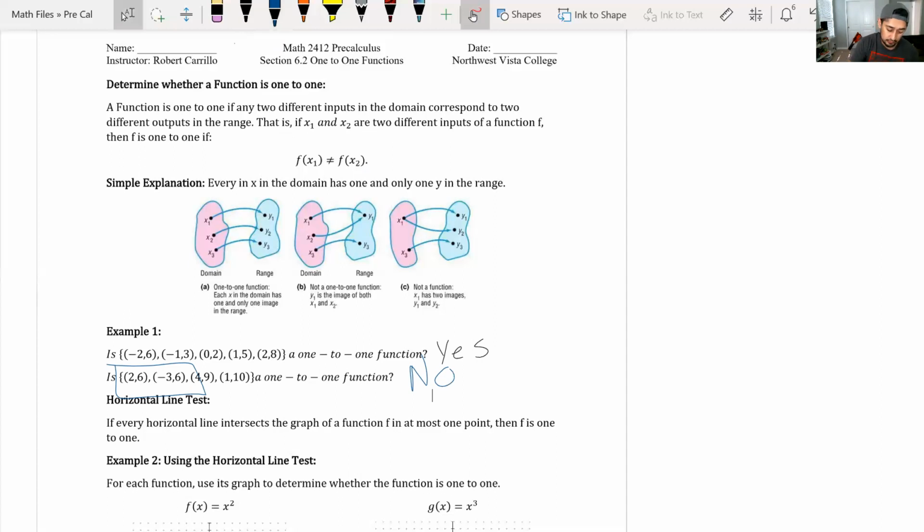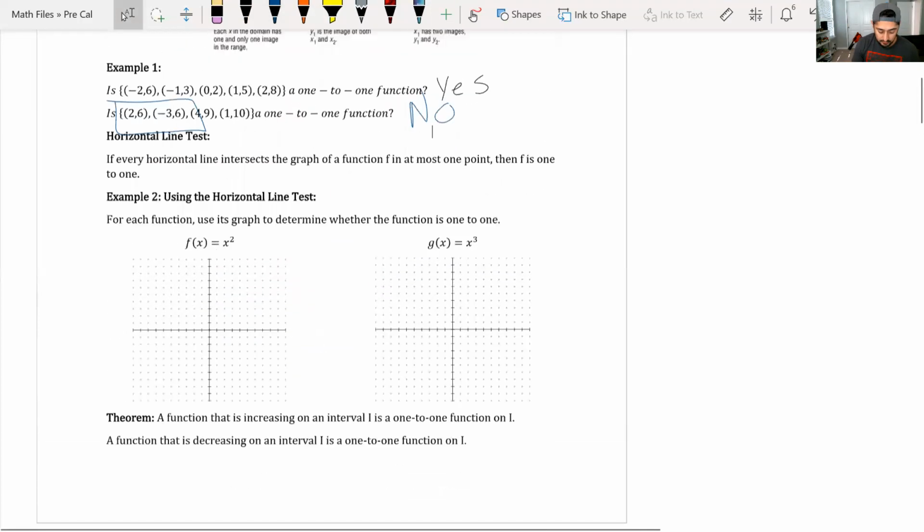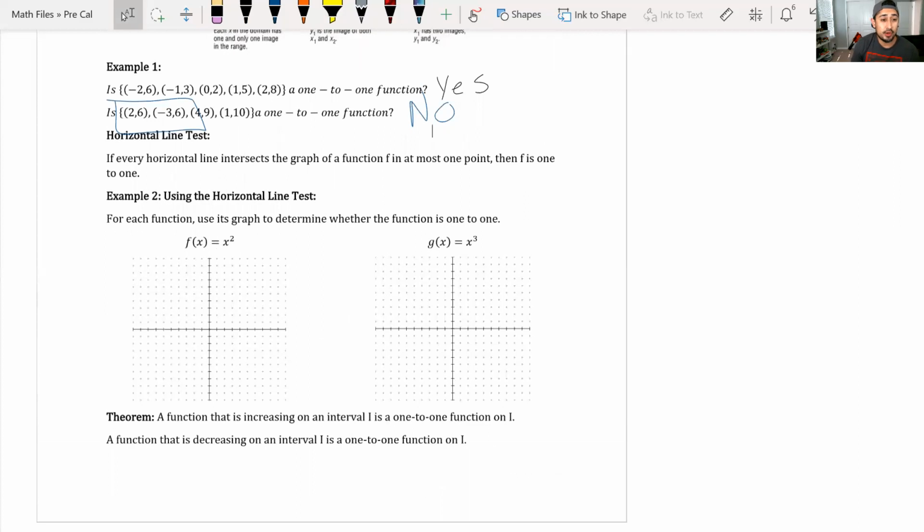Okay, so graphically, to see if you have a one-to-one function, we use something called the horizontal line test. If I graph a function and I draw a horizontal line through it, and if I intersect it more than once, it is not one-to-one. So let's take a look at the graph of x squared.